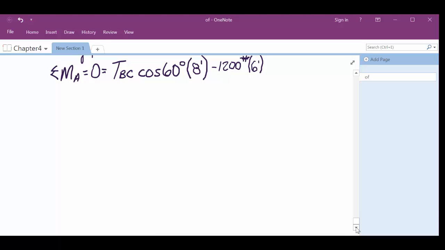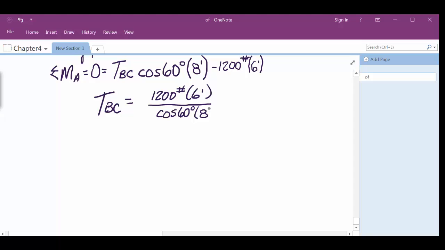So we'll have the tension in BC equals, this moves to the other side, 1,200 pounds times 6 feet divided by cosine of 60 times 8 feet, right?